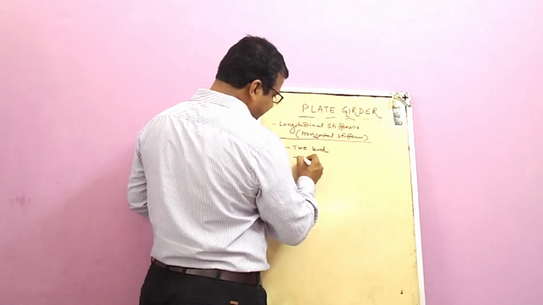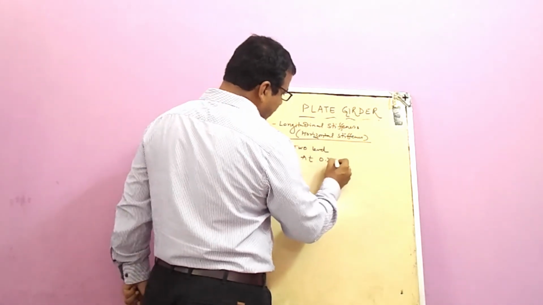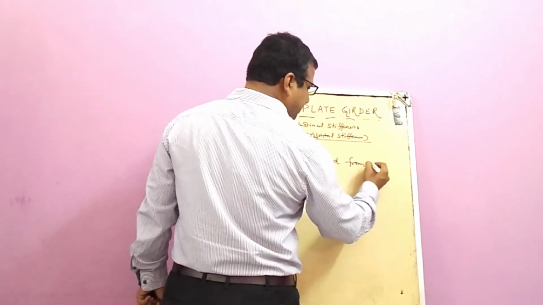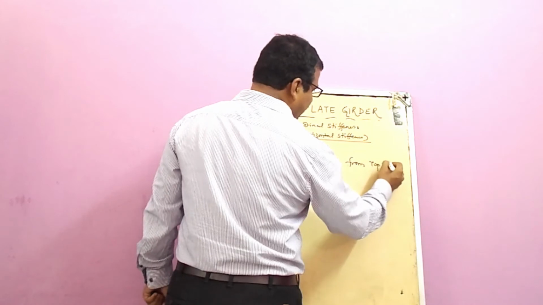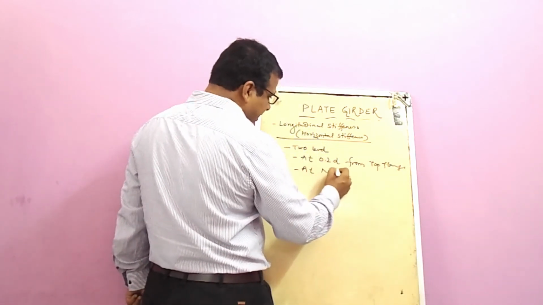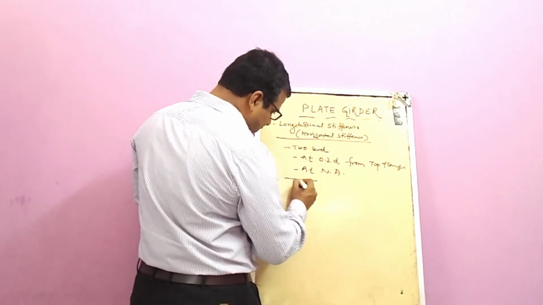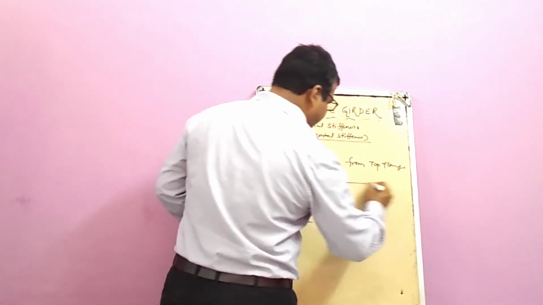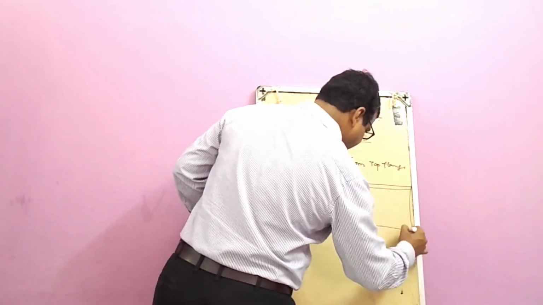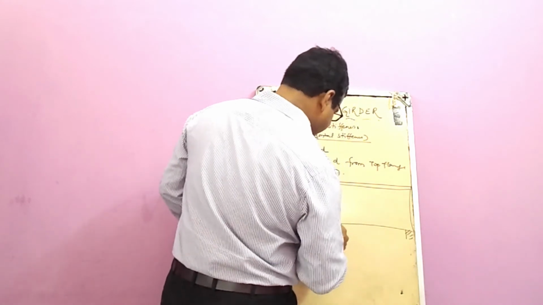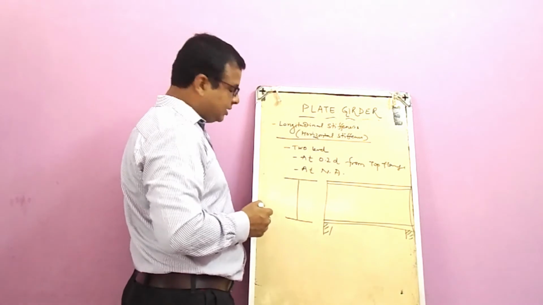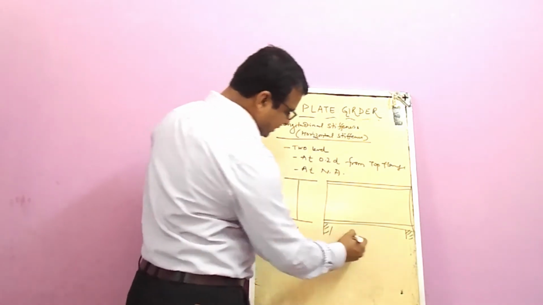First is at 0.2D from the top flange, and next is at the neutral axis. Suppose this is our cross section, and this is the L section.